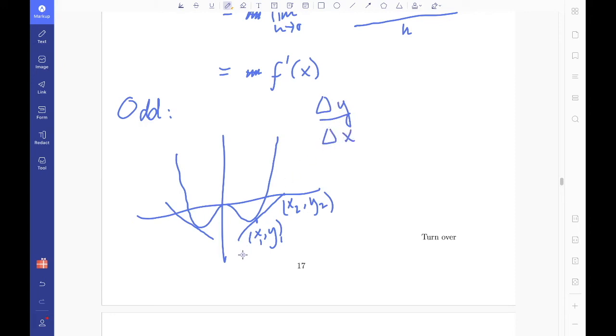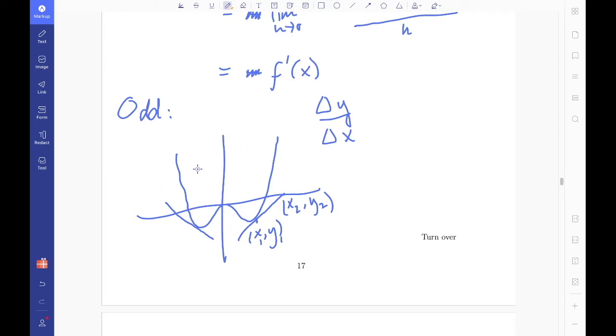So the change in y is going to be the same, I think. Actually, yeah, it's going to be the same. But the change in x is going to flip sign, so that's why it's going to be the negative of it. And that's going to happen for every point on this curve.